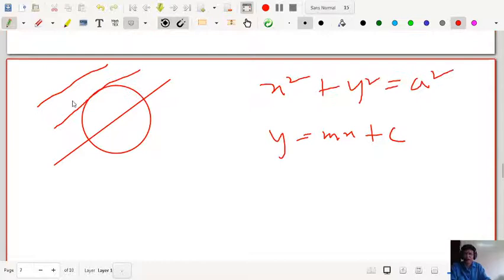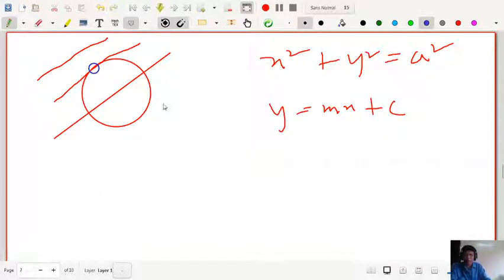I want to solve these two curves where they intersect. So this is the point of intersection, and this is also a point of intersection if it is a chord. If it is a tangent, you have only one intersection, that is, the roots are equal.